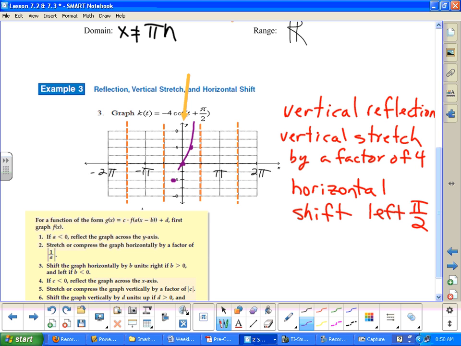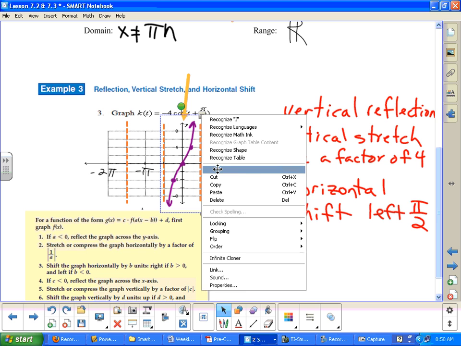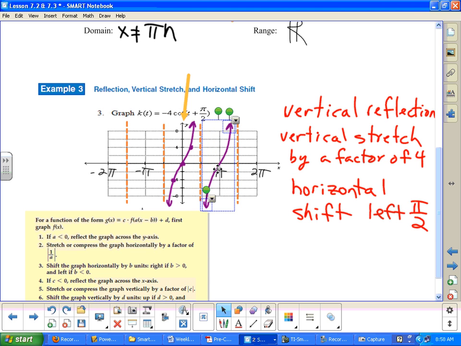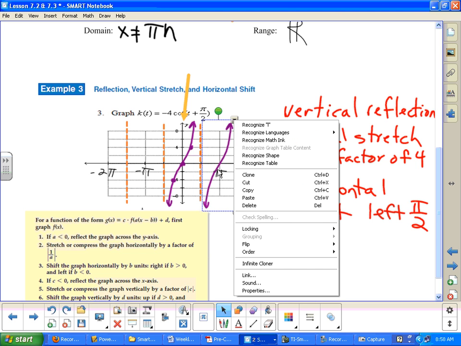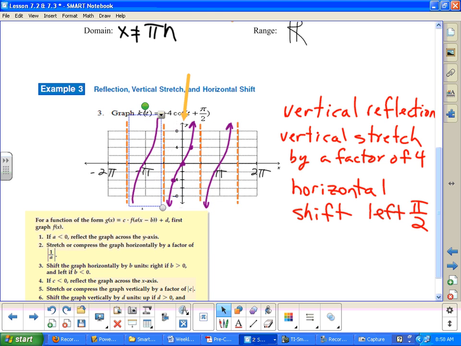So our graph is going to look like this, and then it'll look like that in each section. And there's that graph.